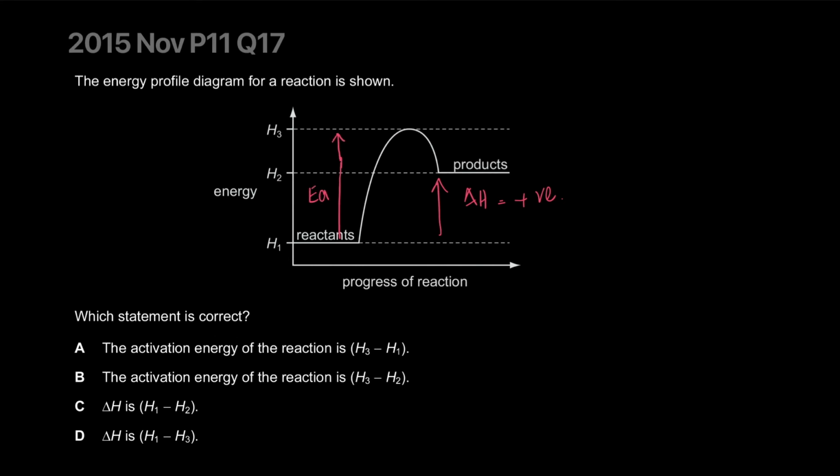Well, it's going to be H3 minus H1. The activation energy of the reaction is H3 minus H1, right? And then delta H of the reaction, just to confirm, is going to be H2 minus H1. Do we have that? That's incorrect. And that's still wrong. So the correct answer is A.